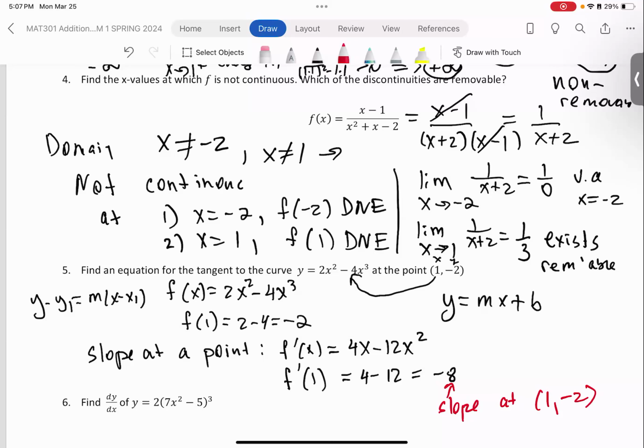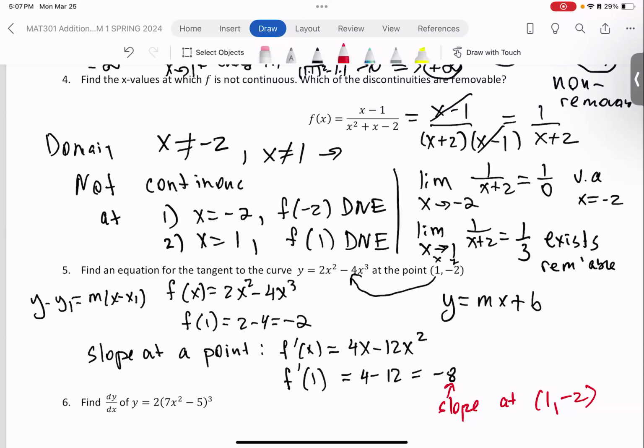Dividing by 0, that's a bad mistake. Taking this whole thing and substituting that in here is not as bad of a mistake, but you have to realize this is not a slope at a point. It's a slope expression. So for example, what we need is the slope at the point. That's your M, not that. Once you plug it in, it becomes an M.